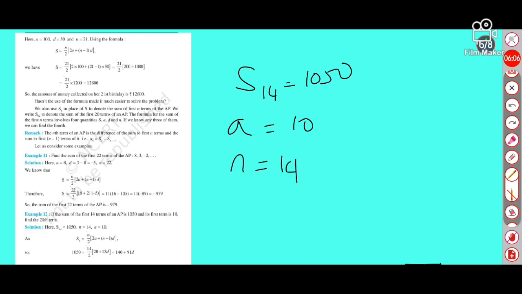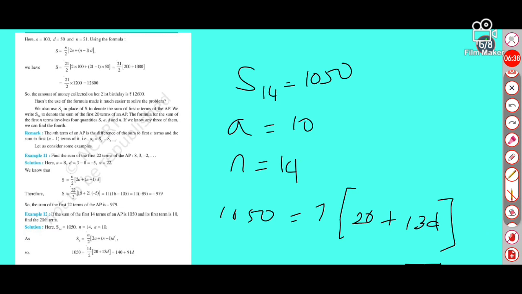Just assume it, so as to find the other term d. With this we can find the value of d, substituting in the formula S equals n by 2 into 2a plus n minus 1 into d: 1050 equals 7 into 2a, that is 20, plus n minus 1, n is 14, so 13d. We don't know the value of d.